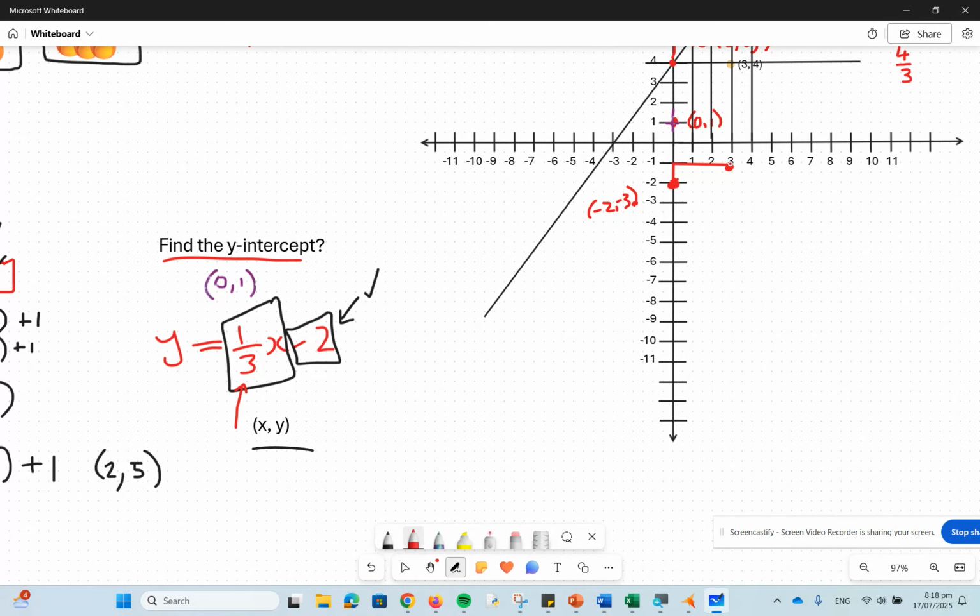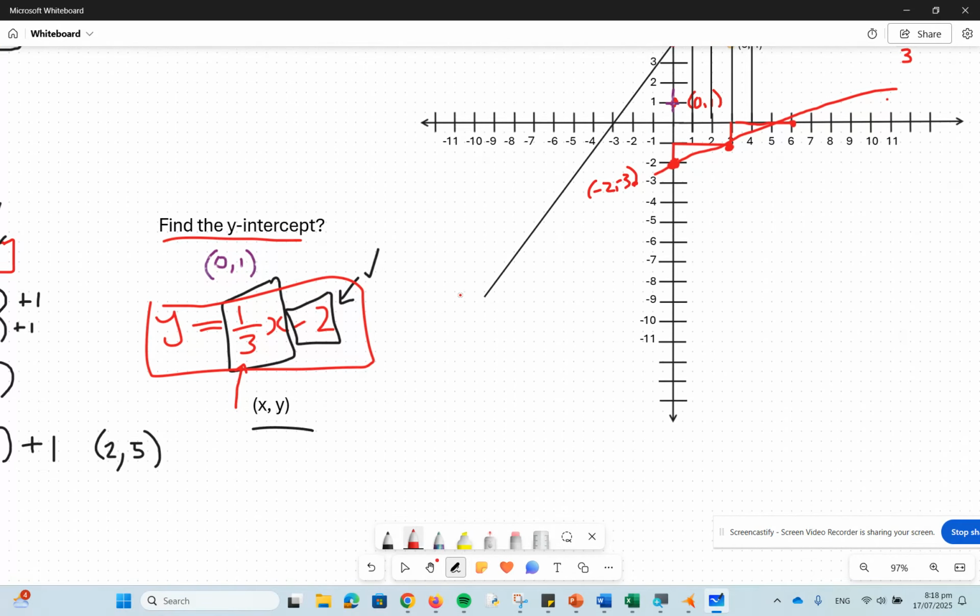And if I want another point, I could go up 1 and across 1, 2, 3. I now have a third point. Now I can draw my line with a ruler, of course, and I know that this line will be this here, because the gradient is going up 1 and across 3, and the line touches the y-axis at the y-intercept.